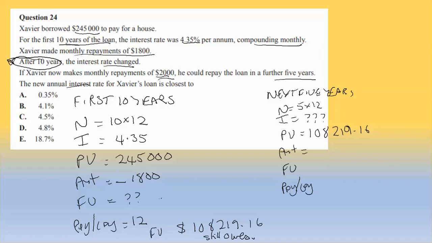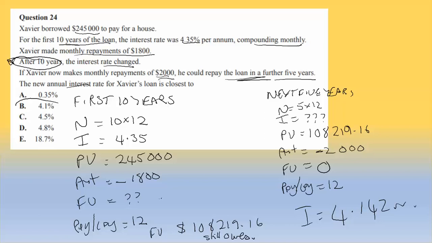PMT, he's changed that to negative 2,000 because he's now paying 2,000 out of his pocket, so it's negative. Says he could repay the loan, so his future value is 0, still monthly. So I put that in my calculator and my interest rate becomes 4.142. And so my answer, B.